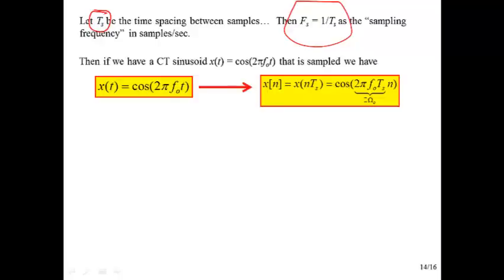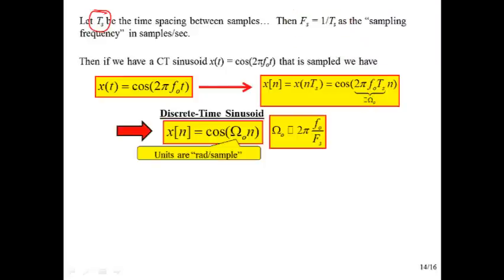So if we take a continuous time sinusoid and we sample it, we get this quantity here, which we can define. That little square there should be a defined symbol, not a square. We can define that to be this discrete time frequency omega sub 0, and then we get something that looks like this. So again, that should be a defined symbol. I'll try to make sure it comes out properly in the posted notes.